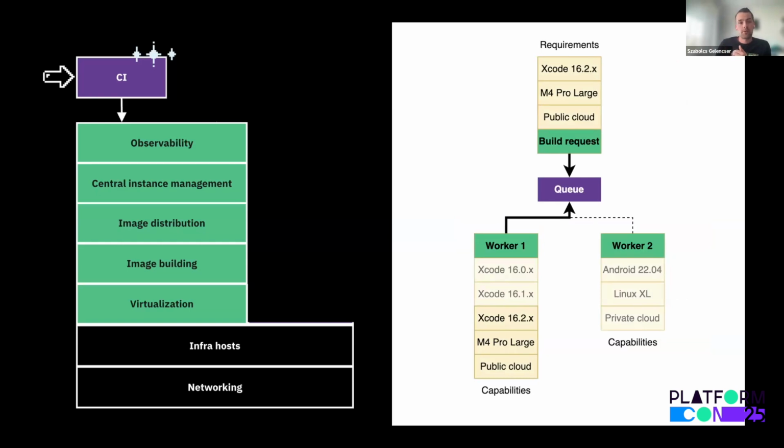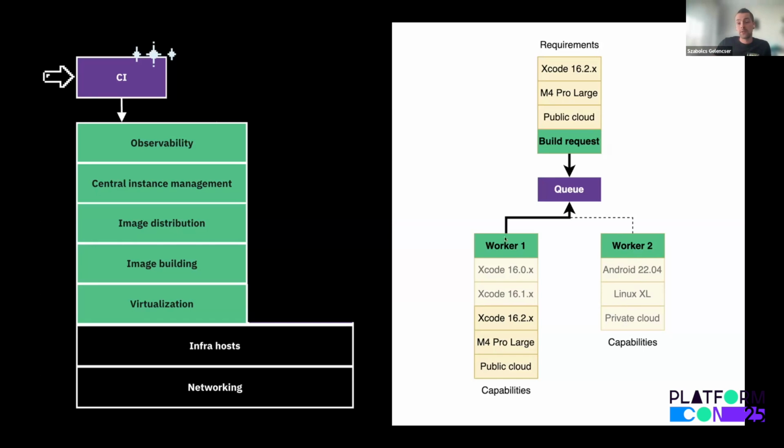The first component that I want to zoom into is the queue, how the queuing logic works. On the build request part, you have some requirements, and on the worker part, you have some capabilities. The build request in this example stated that it needs Xcode 16.2 and Pro Large public cloud to be executed. Worker 2 doesn't have any of these as capabilities. It can execute some stuff, but not this, completely different things, Linux Android.